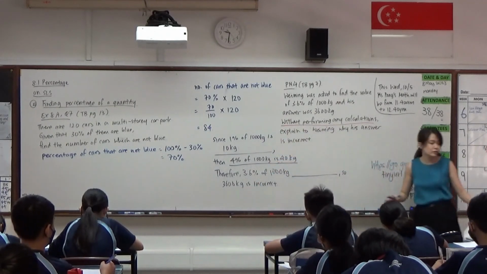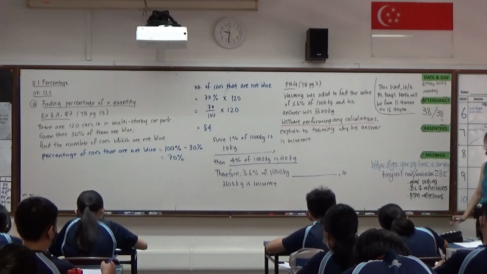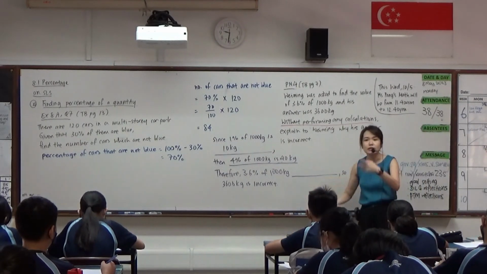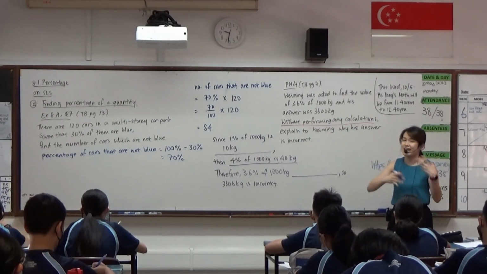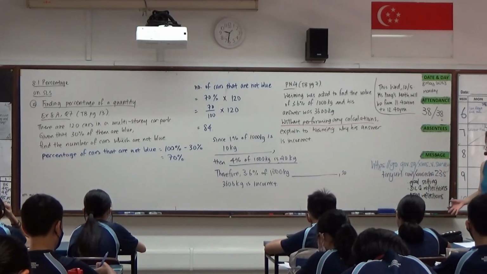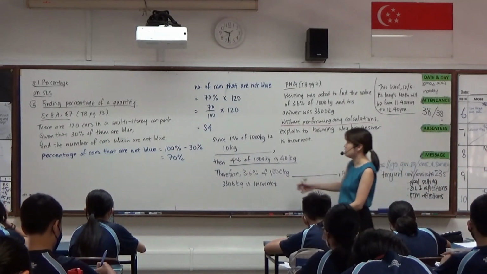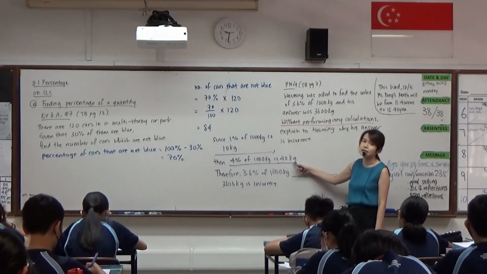I'm not trying to say that this is the only way of answering it correctly. Those arguing that 100% is 1000 already, so 3.6% cannot possibly be more than 1000, that is actually a correct answer. Just an alternative here is that 4% of 1000 kg will be 40 kg.